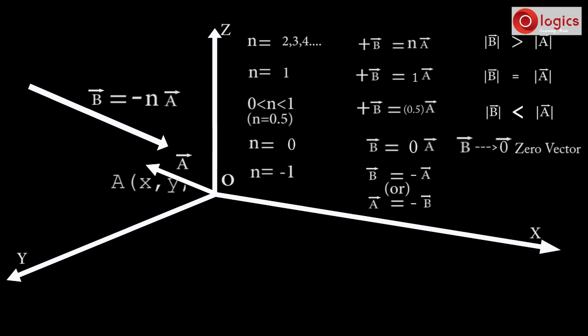But magnitudes, modulus of B bar equals to modulus of A bar. Observe here. Both B bar and A bar are in opposite direction, but their magnitude is same. Here, B bar and A bar are called antiparallel vectors.